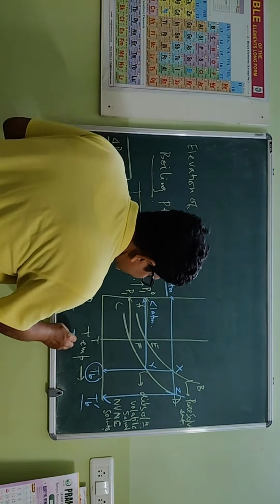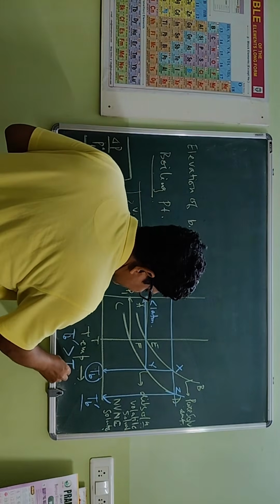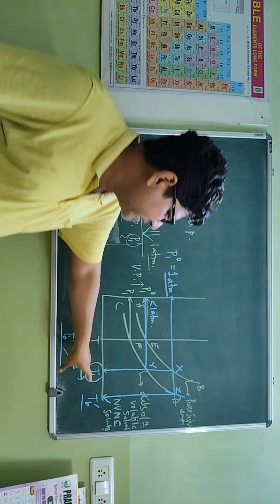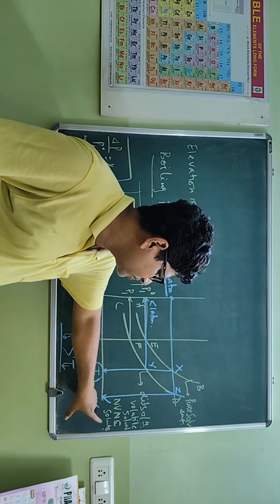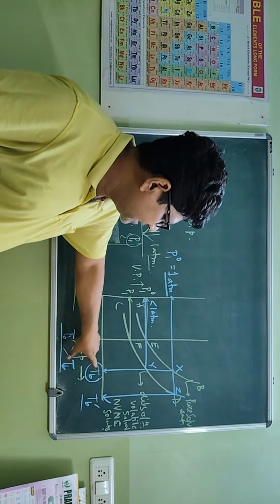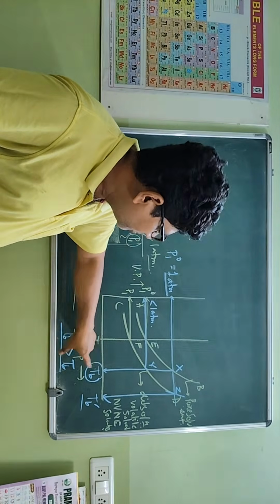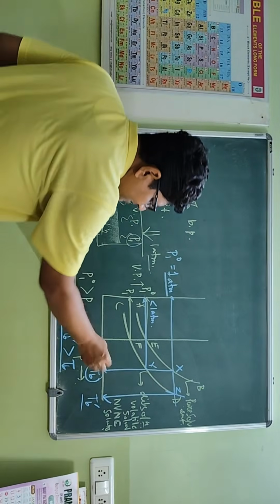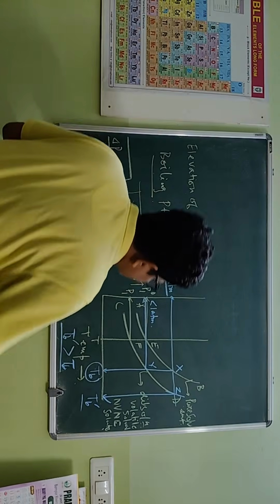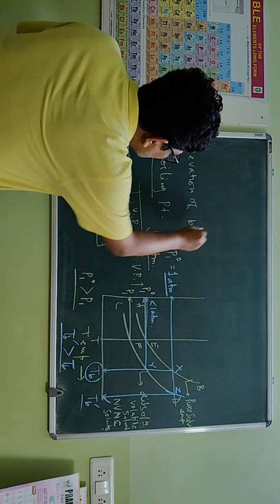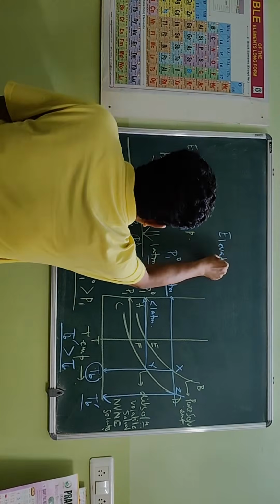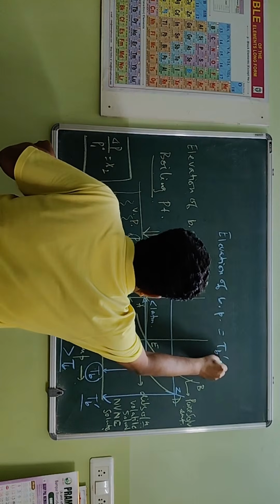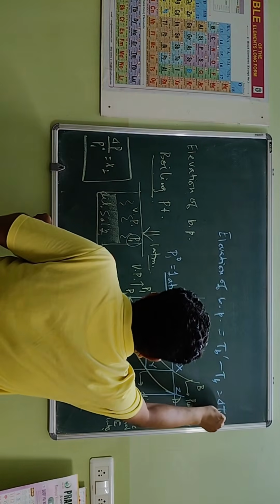Here TB prime is greater than TB. TB prime is the boiling point of dilute solution having non-volatile and non-electrolyte solute, and TB is the boiling point of pure solvent. So from the graph it is clear that TB prime is greater than TB. So the elevation of boiling point will be TB prime minus TB, that is delta TB.